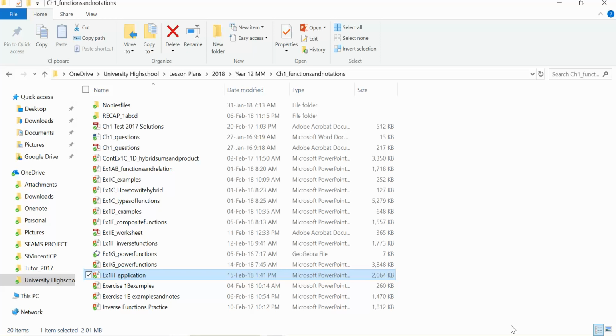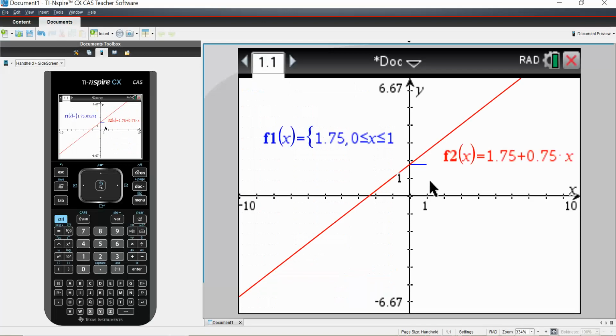So I'll show you. If I sketch this graph now, oh, actually, I did it prior to this. Here you go. Have a look at this. See what's wrong with it? That blue section there, that's my 1.75 for 1 kilometer.